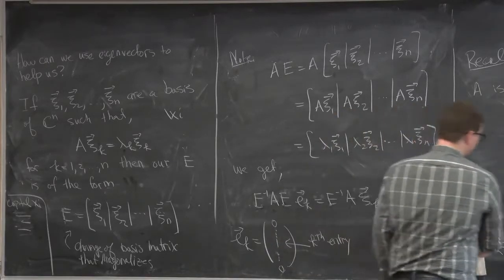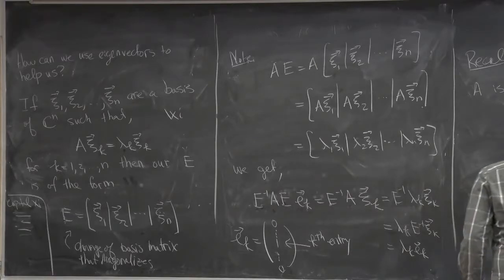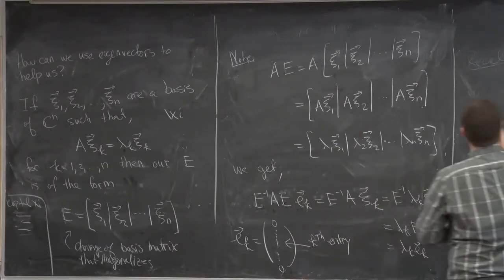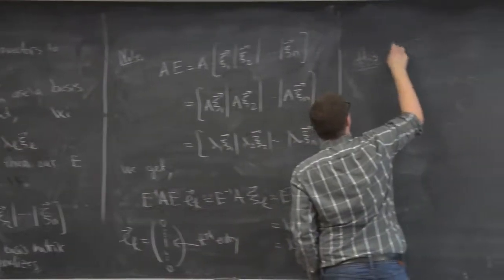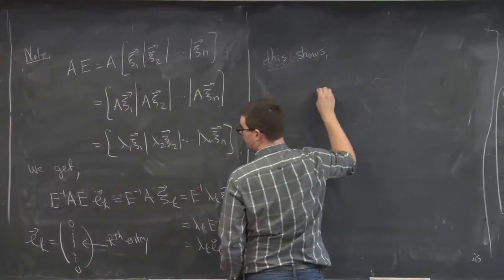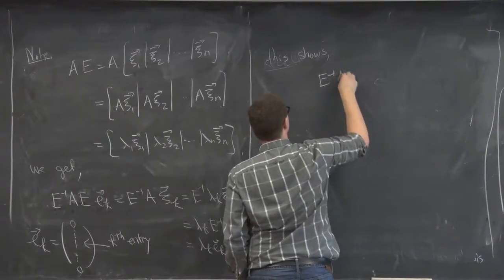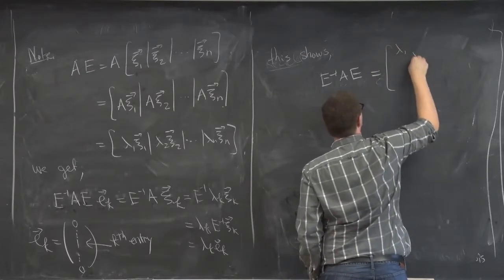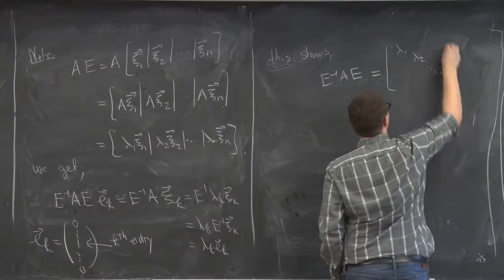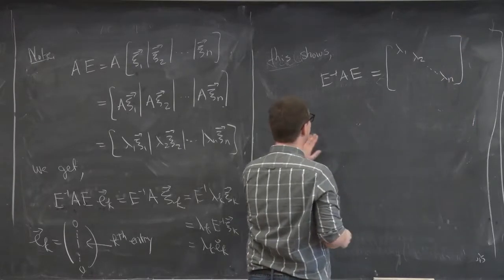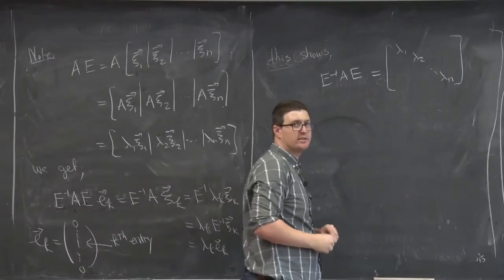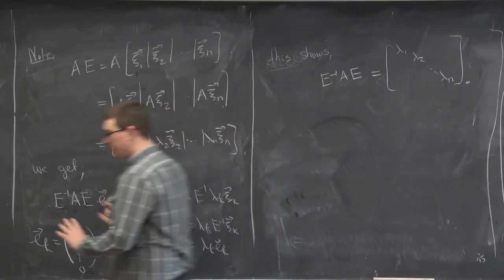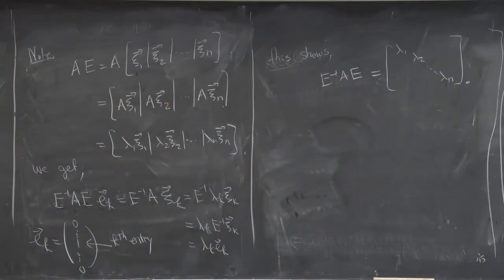So this shows why diagonal matrices and bases of eigenvectors are related. This matrix acts on e_k by just multiplying by lambda_k. So this shows how the diagonalization is related to eigenvectors.